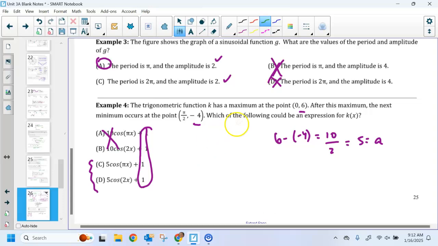Then I just have to figure out my period. Looks like since I go from the max at 0 to the min at pi over 2, that's half a period. So the full period is going to be pi, but remember that my b value is 2 pi over period, or just 2, which tells me my D is correct.